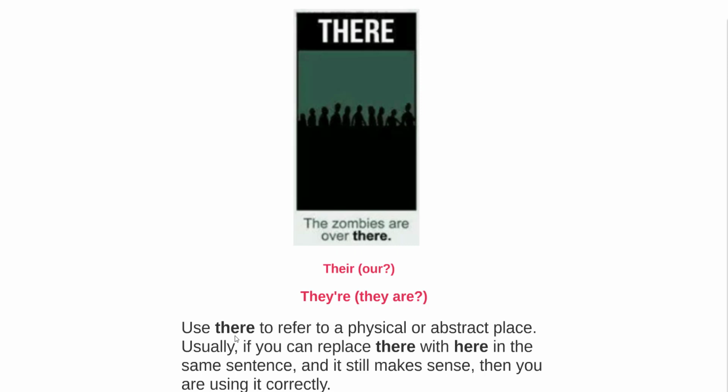Usually, if you can replace there, spelled like this, with here, which is only one letter off, as you can see, in the same sentence, and it still makes sense, then you are using it correctly. For example, zombies are over here, which I sincerely hope is not true, but the sentence still makes sense. So you're using the right word here.